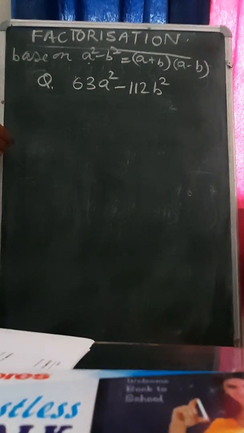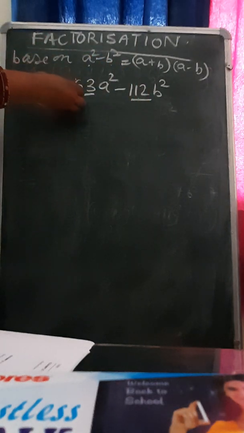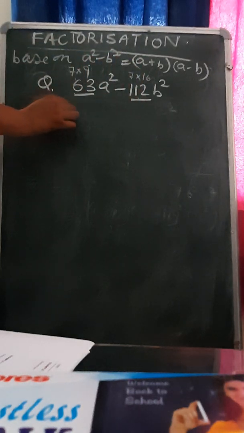Now this question, 63a square minus 112b square. As you can see, 63 is not a perfect square of anything and 112 is also not a perfect square. So I will check whether any common term I can retrieve from this or not. So 63 can be written as 7 into 9 and here it is 7 into 16. So yes, we can take 7 as common. So I will take 7 common.